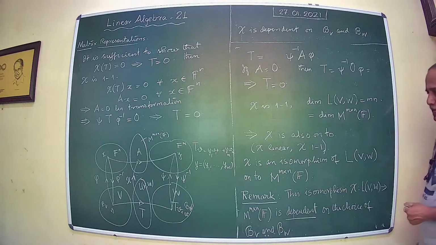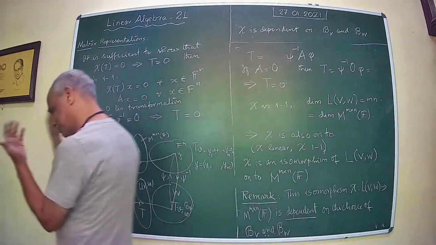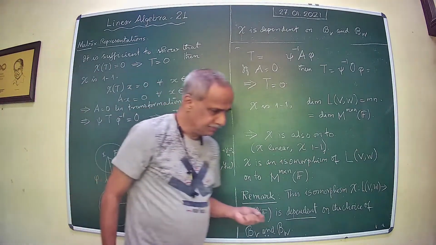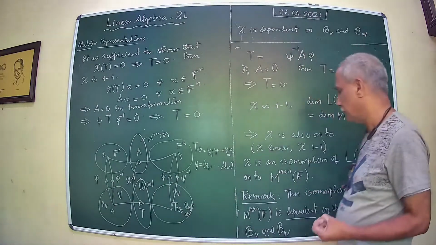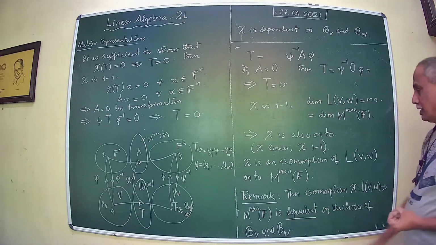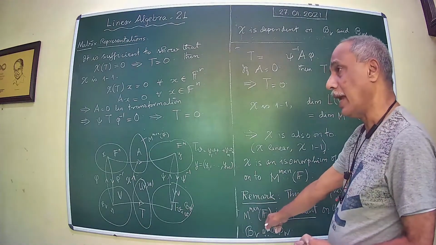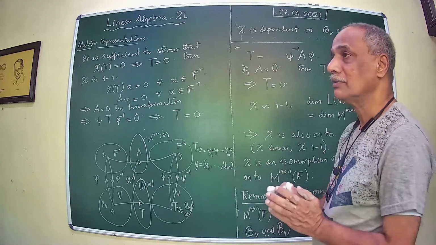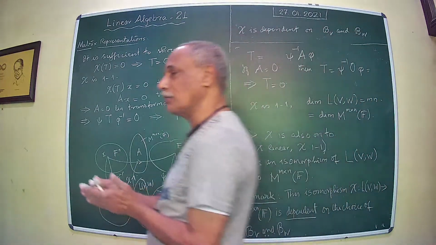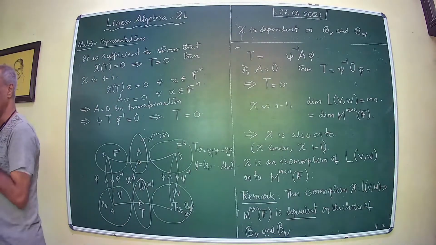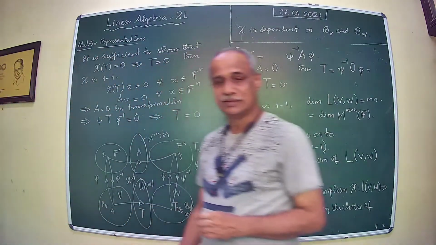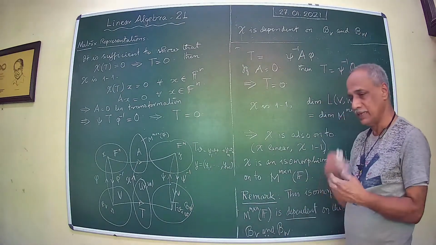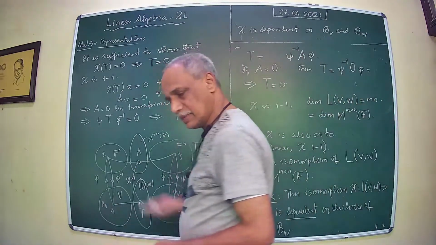The consequence is that given T, it is represented by several matrices from M cross N, F, which depends on the choice of the ordered basis for V and W. Okay? Right? So this information let us keep in our mind. We will come back to that later.